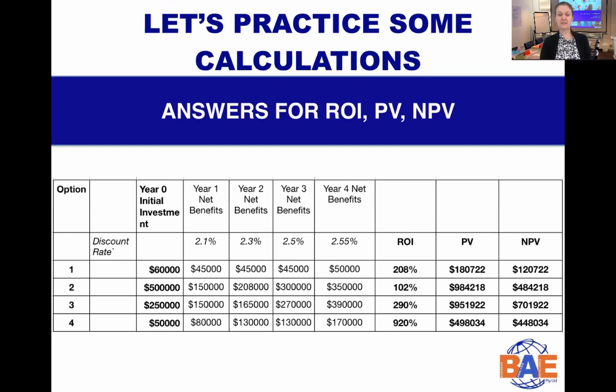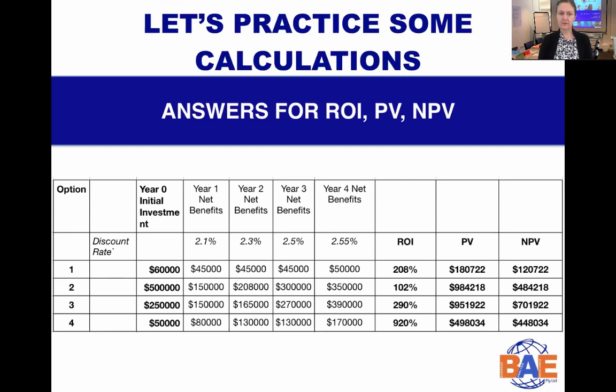Great, so I trust you've done the exercise, and I trust that you've managed to find the answers. But you can see for each of those options, the return on investment, the PV and the NPV calculate to be the figures you see down there.